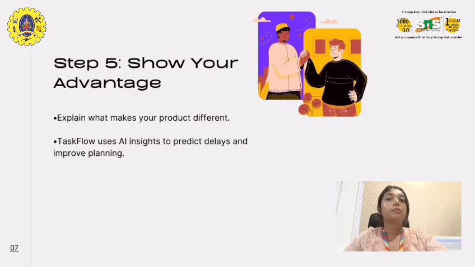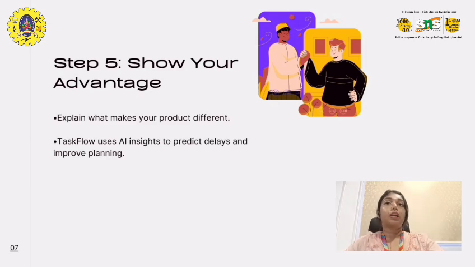Now comes an important question: why should people choose your product instead of others? This is where you highlight your competitive advantage. Explain what makes your solution unique. For example, unlike other project management tools, TaskFlow uses AI insights to predict delays and improve planning efficiency. That one sentence immediately gives the product a unique identity.